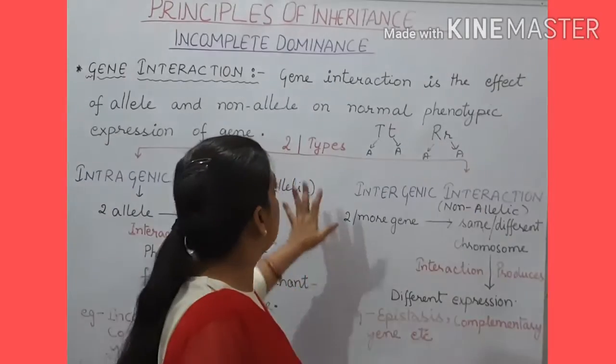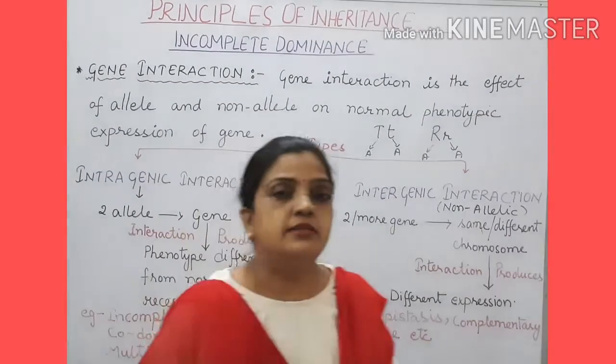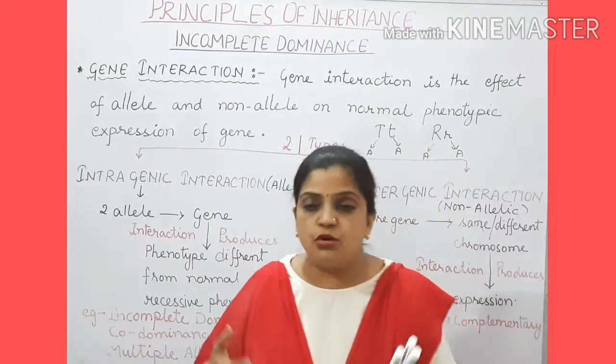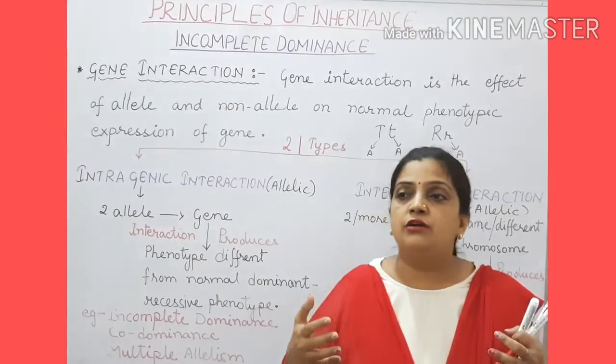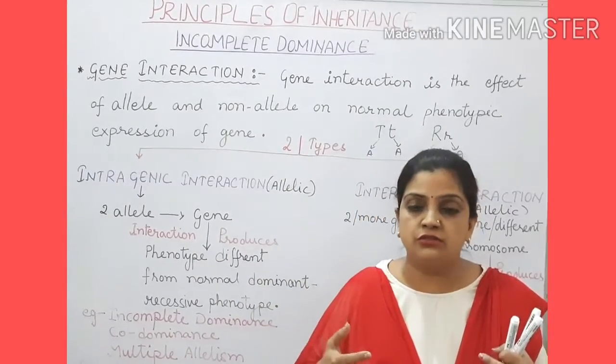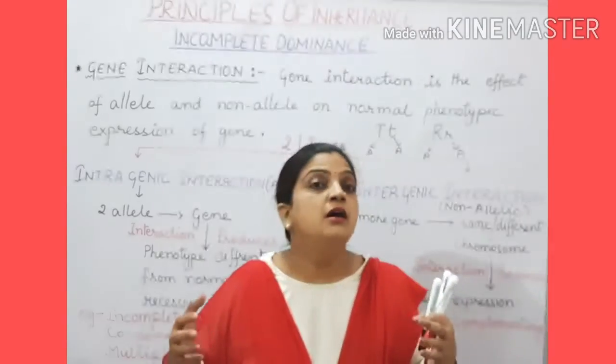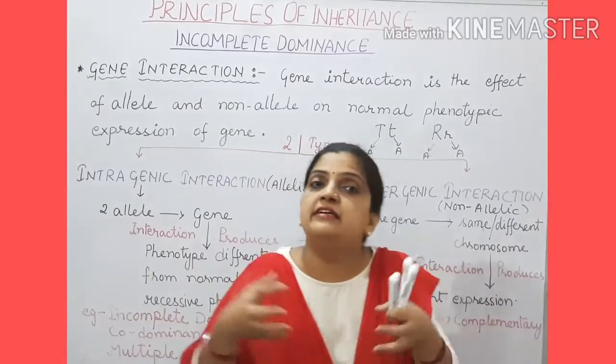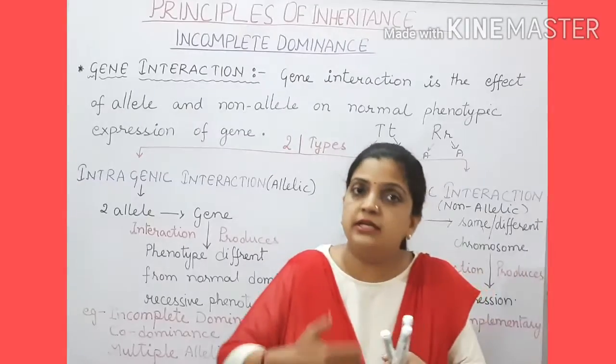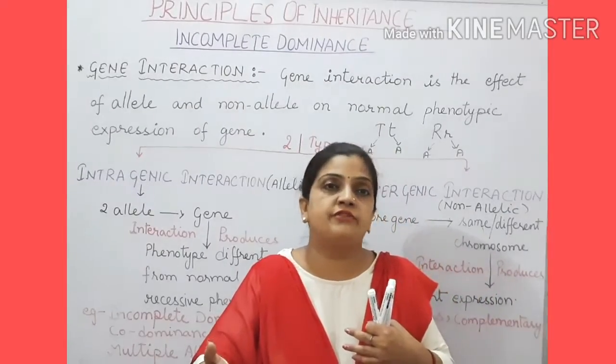So this was about gene interaction, that is, how the two alleles of two different types of genes interact with each other and how the characters are expressed in front of us.